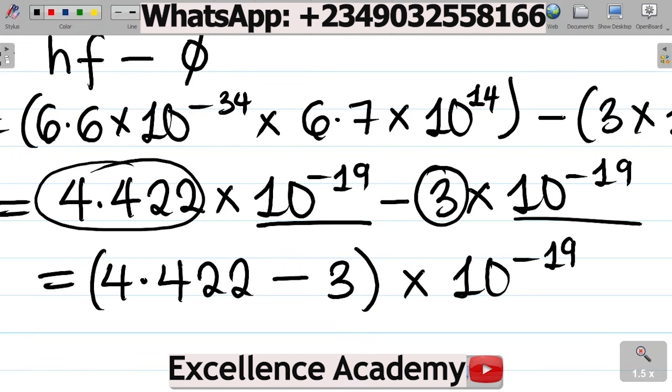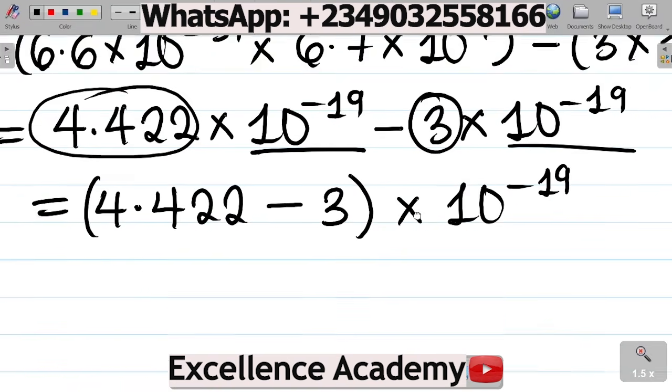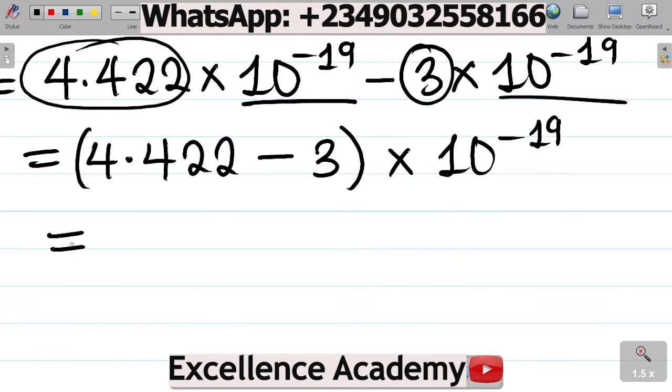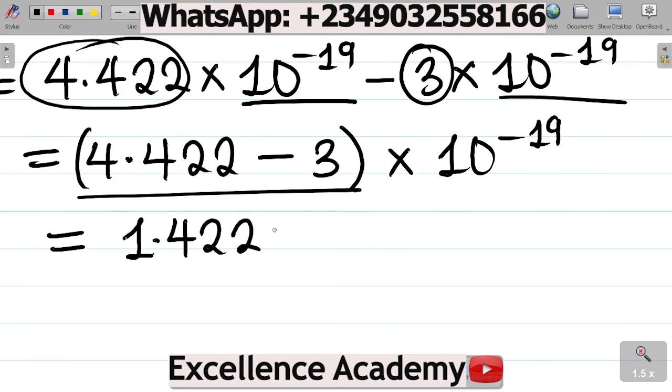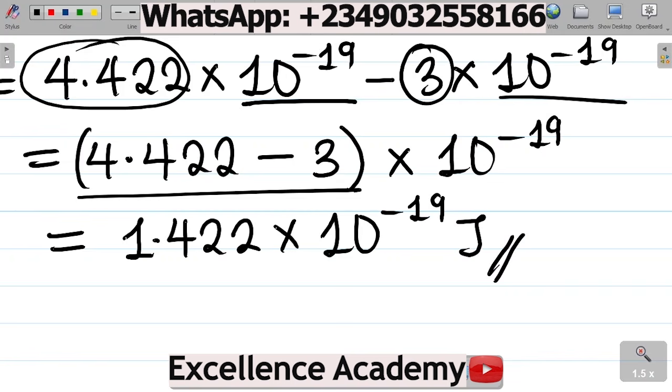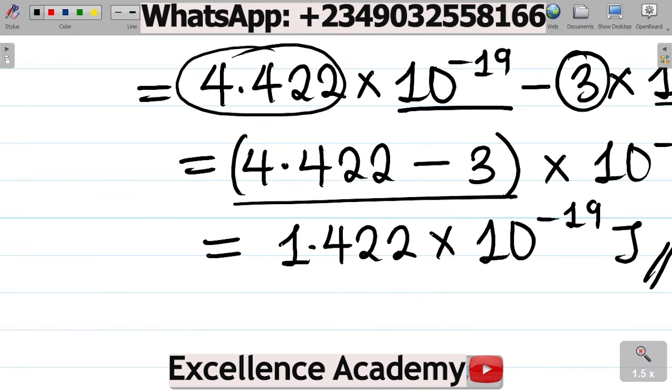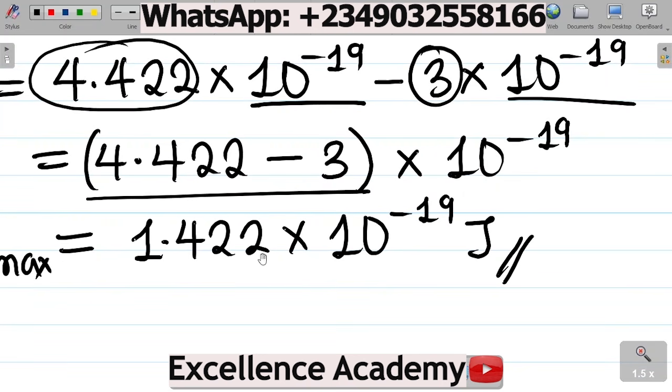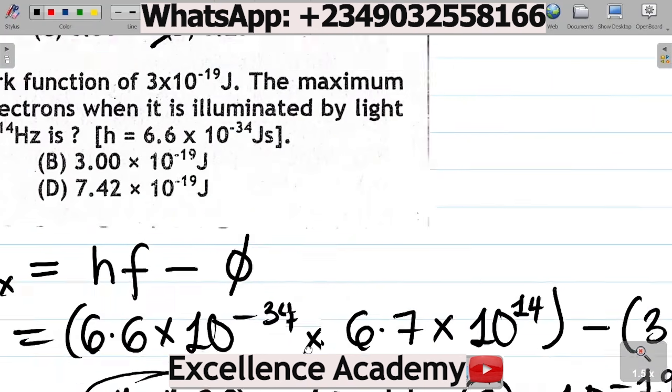Since we have the same thing for both terms, this will be correct. 4.422 minus 3 gives you 1.422. So this gives you 1.422 times 10 to the power minus 19. This will be in joules. Remember that we're looking for maximum energy. So E max is 1.422 times 10 to the power minus 19 joules.